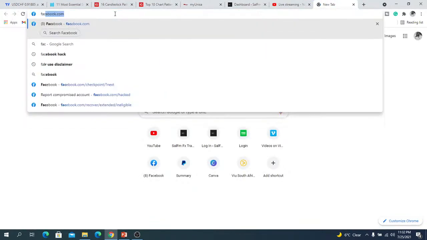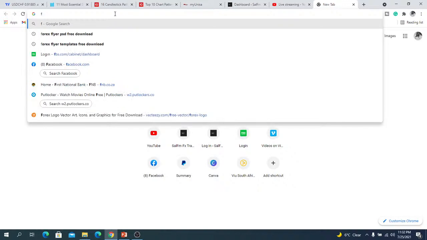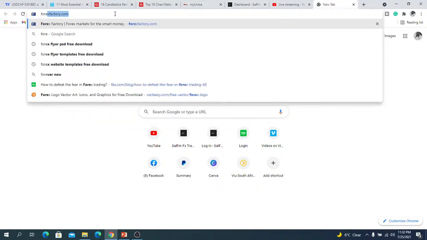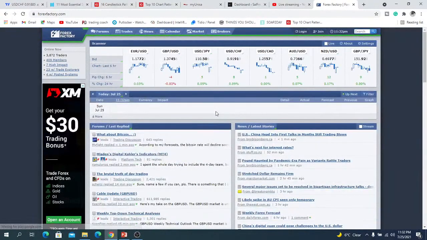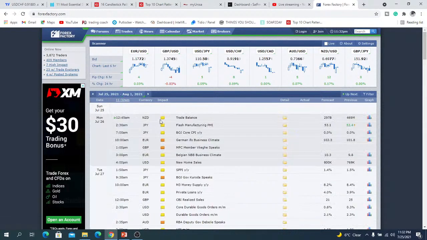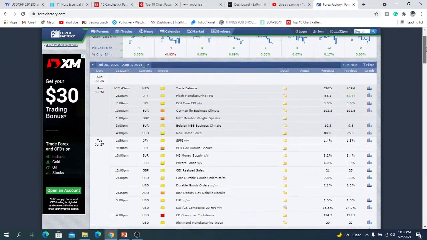Let's look at Forex Factory to see if we have any other news. So here on the calendar, it seems like we are good to go on Monday.